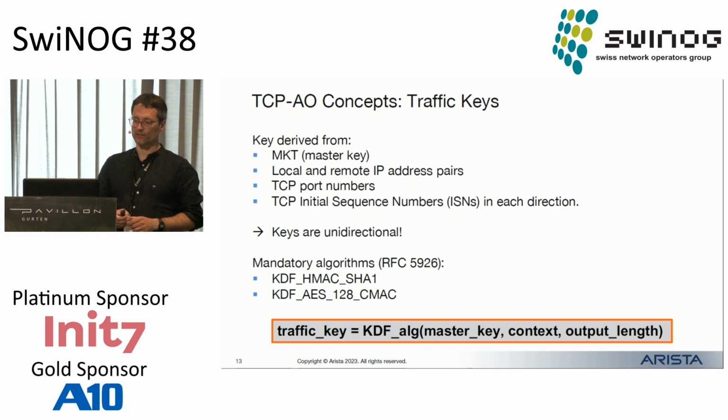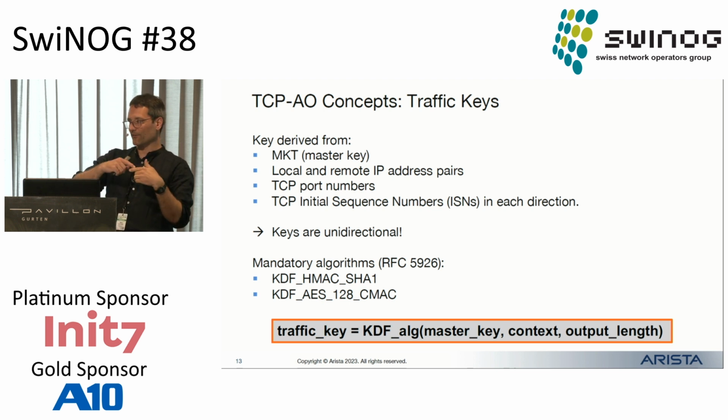And it has another impact. Since we include the ISN, the initial sequence numbers, when we send the first SYN, we do not know what the peer will be using. So that means we generate, for a given session, 4 traffic keys, but most likely we're just going to use 3 of them.